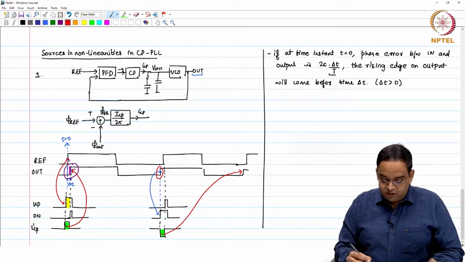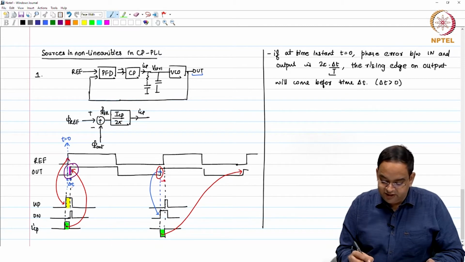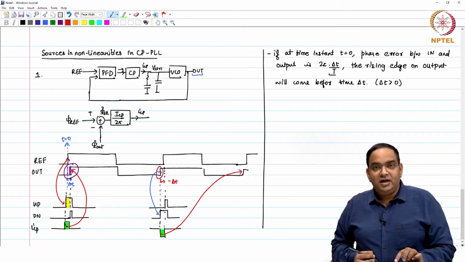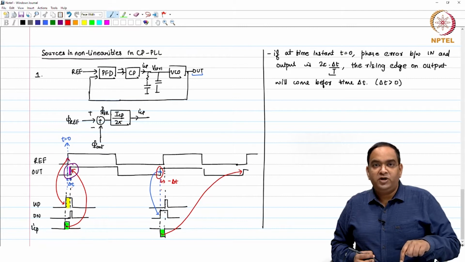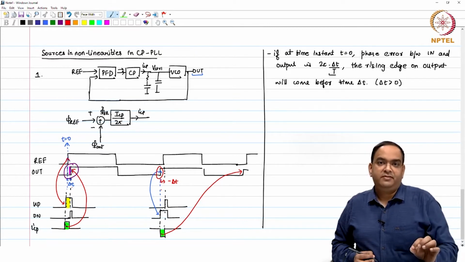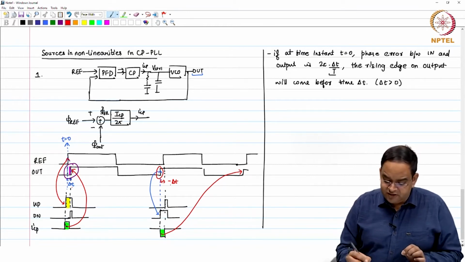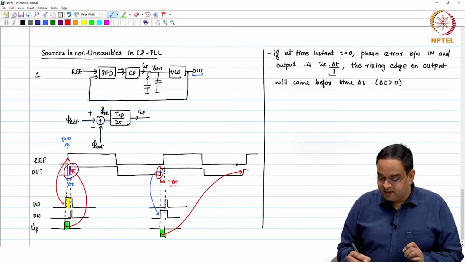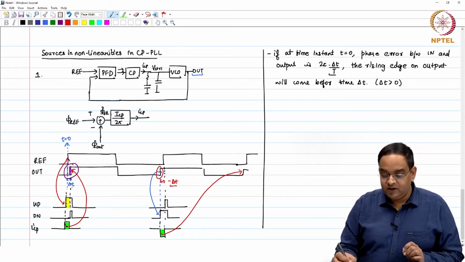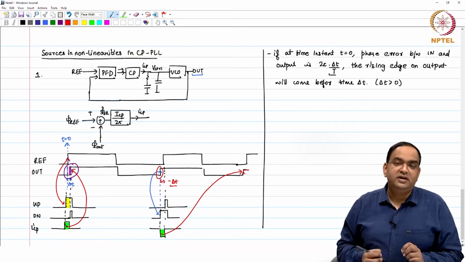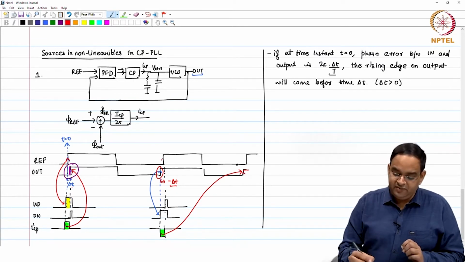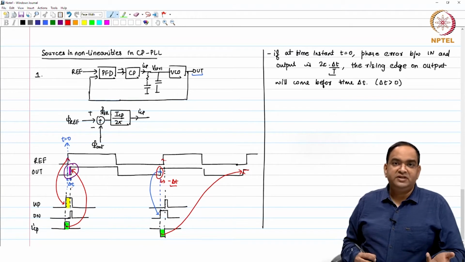So, if I keep the same phase error, here it was delta t, here I say the phase error is, by the way, minus delta t. So, what you see here is, for positive delta t, I am changing the output rising edge in the same clock cycle, whereas in case of negative phase error, the rising edge of the output is changed for the next clock cycle. The reference remains fixed, we are not changing the reference at all in this PLL.